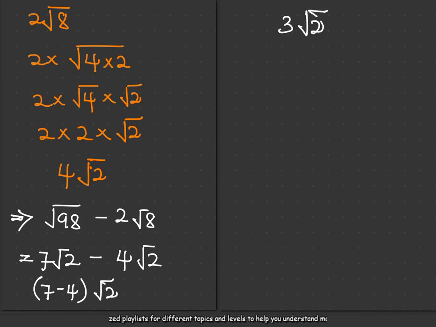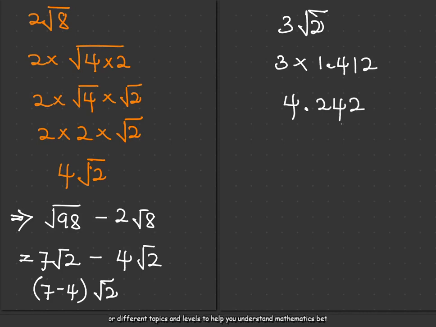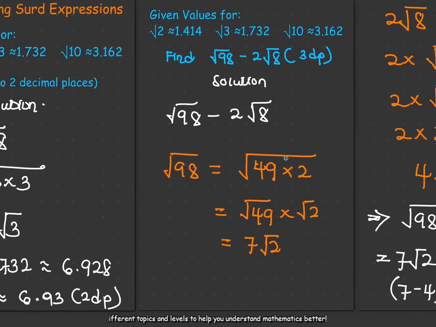And this is where we do our substitution. We know what the square root of 2 is, as we were given already in the question. So we have 3 times the square root of 2, which was given as 1.412. Multiplying 3 by 1.412, we have 4.242. Now take note, we're told to write it to 3 decimal places.